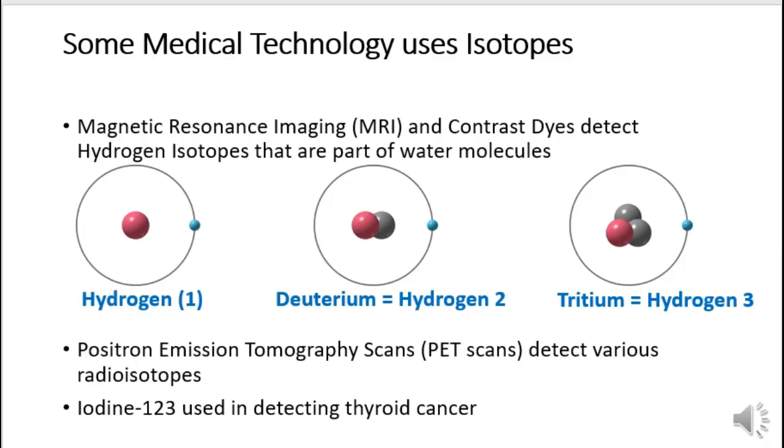I can't explain how exactly, but it's a certain isotope of iodine. For hydrogen isotopes, there are 3. Hydrogen 1 weighs 1, deuterium has an atomic mass of 2, tritium has an atomic mass of 3, and that's because they vary in the number of neutrons, shown here as gray spheres.